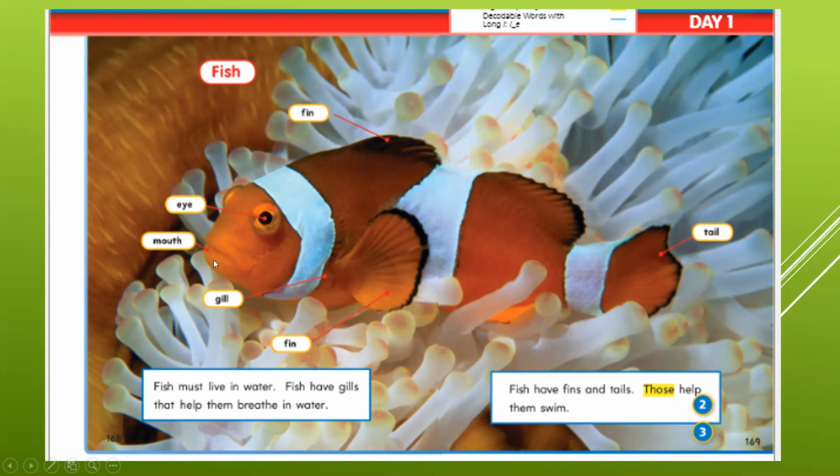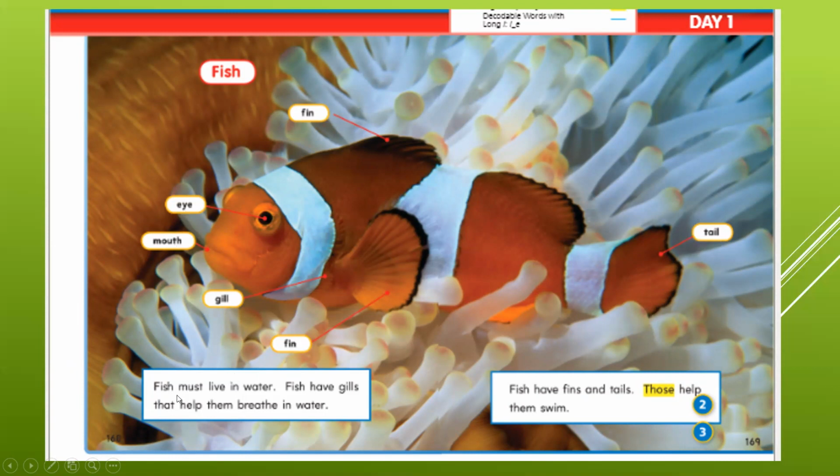It has mouth. It has gills. How many fins? It has 2 fins. And here, tail. So what are the fish parts? 2 fins, eyes, mouth, gills, and tail.